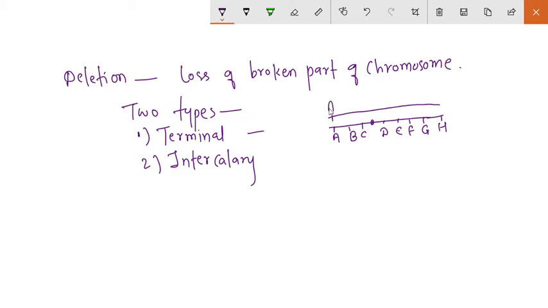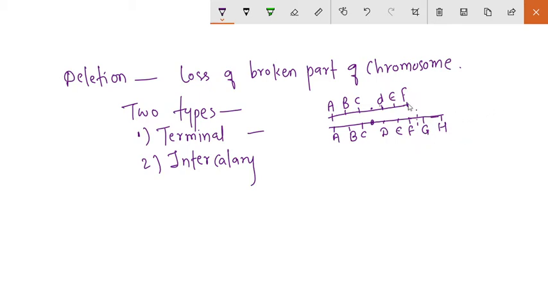It also has similar genes: A, B, C, D, E, F, and G and H. Suppose this part gets lost. It is the terminal portion.